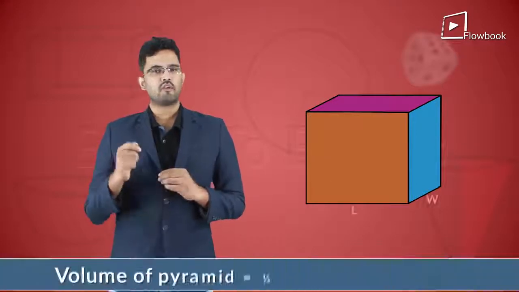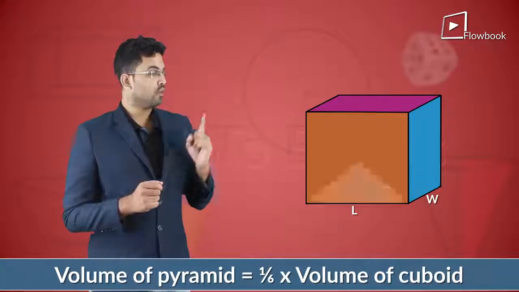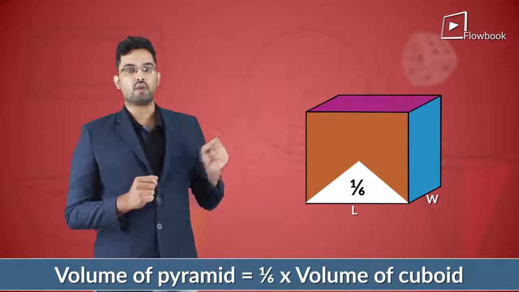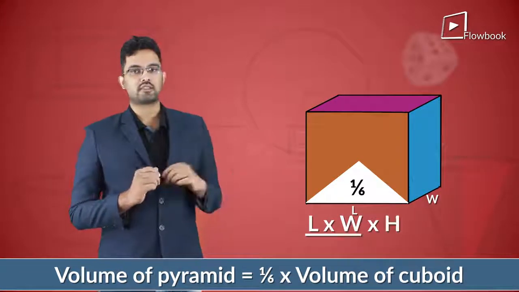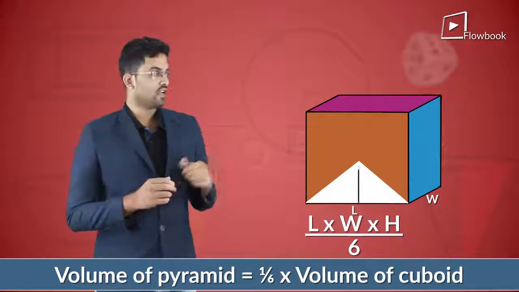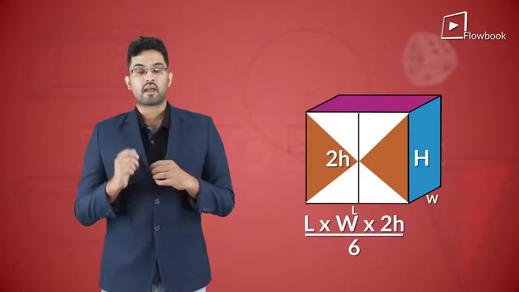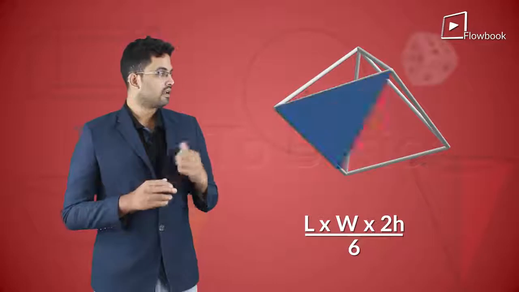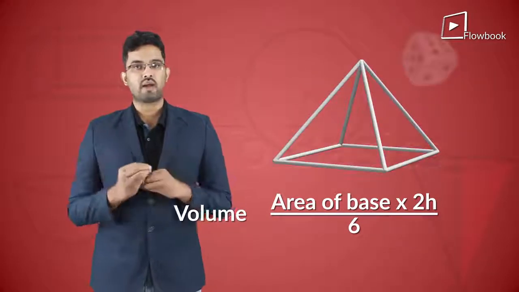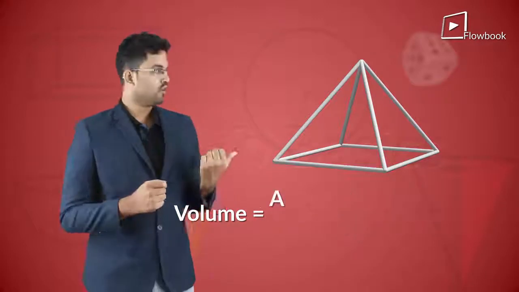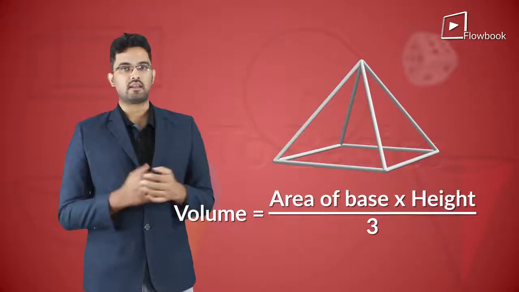Therefore, volume of the pyramid will be equal to 1/6 of the volume of this cuboid, or L into W into H by 6, where H is 2h. Again, L into W is nothing but the area of the base of the pyramid. Therefore, volume of the pyramid is equal to the area of the base into its height by 3.